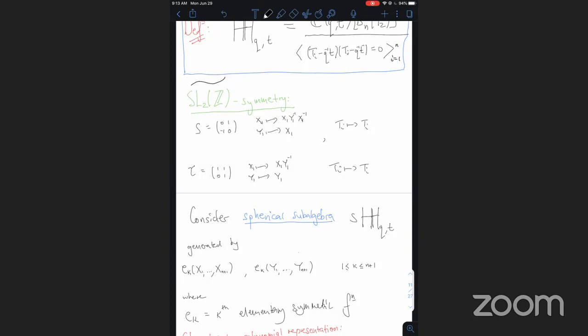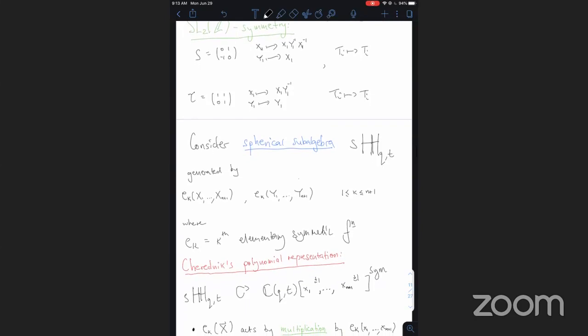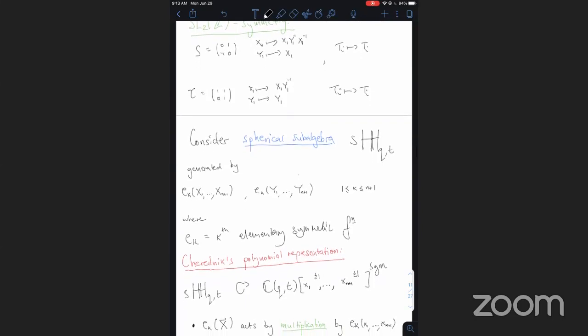Okay, good. So one reason for how useful and how nice these double affine Hecke algebras are is this great functional representation, the polynomial representation introduced by Cherednik. So this representation, what is it?